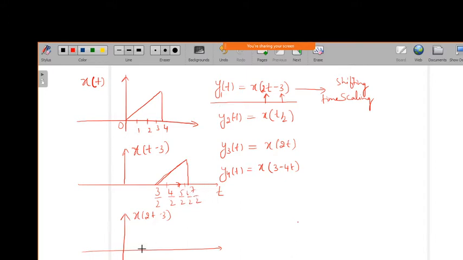This is 1.5. The signal will shrink compared to the original signal, ending at 3.5, that is 7 by 2. In between we have 2, 2.5, and then 3, like that. So this is your x of 2t minus 3, which is nothing but y1 of t.